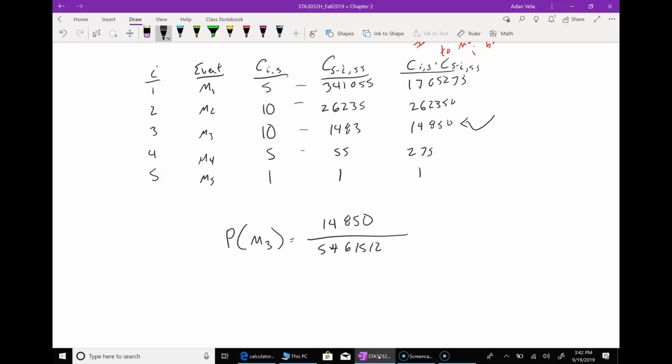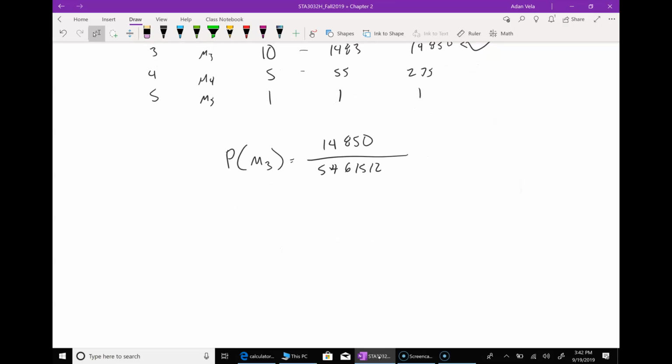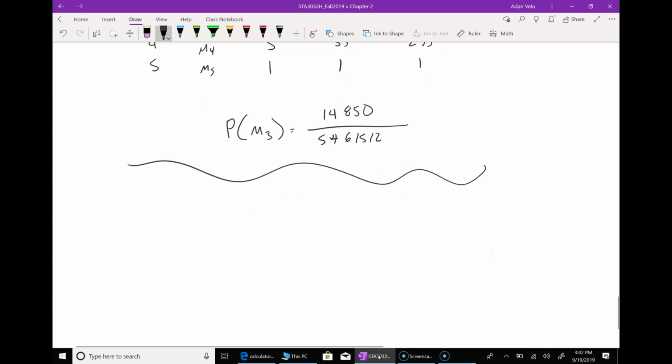Most of the problems are a combination of permutations and combinations using this product rule. Let's work through a couple and you'll see what I mean.